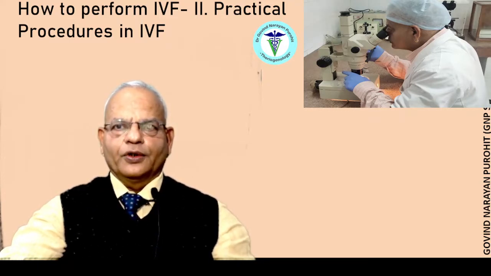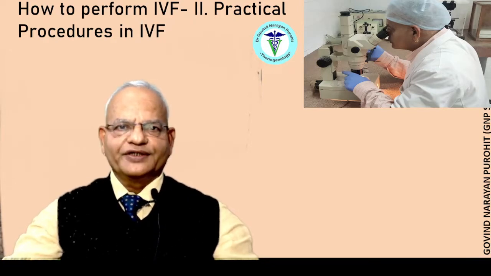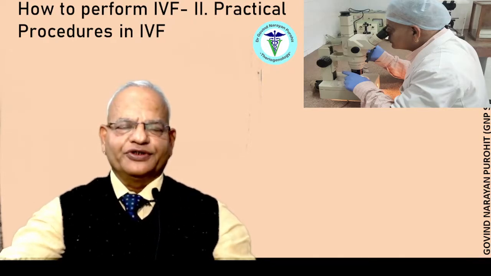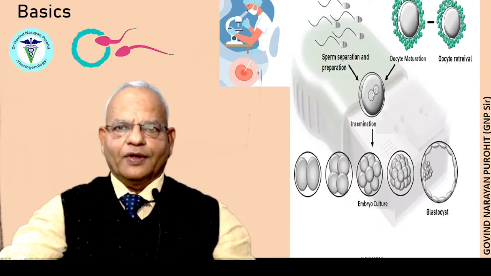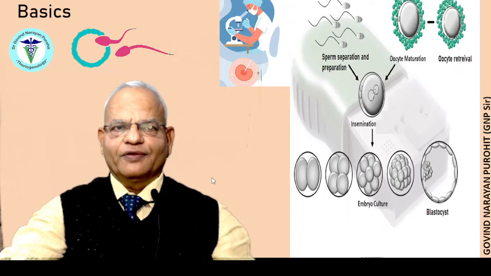So in our today's video we discuss the practical procedures in vitro fertilization, right? Now, what are the basics? How is in vitro fertilization done? For in vitro fertilization, the very first thing you have to do is recover the oocyte.